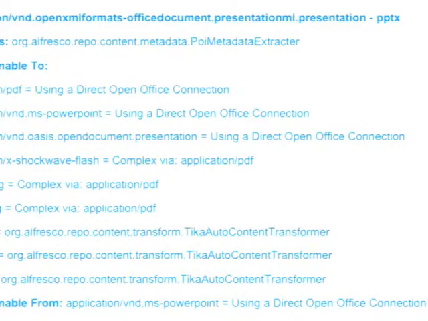It looks something like this. I realize those of you at the back can't read this, but it's not critical. What this shows is the name of a MIME type, in this case PPTX. The second line shows you that there's a single extractor for that MIME type, and it shows you the class for that. It's the POI metadata extractor, POI being the Apache library that deals with this MIME type.